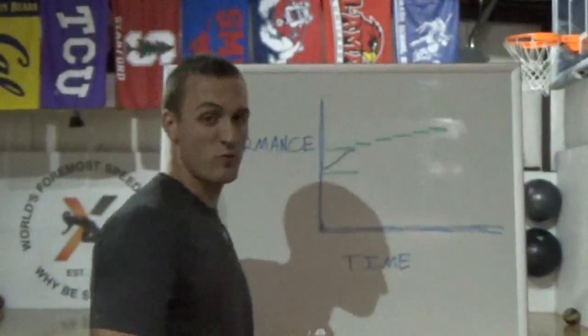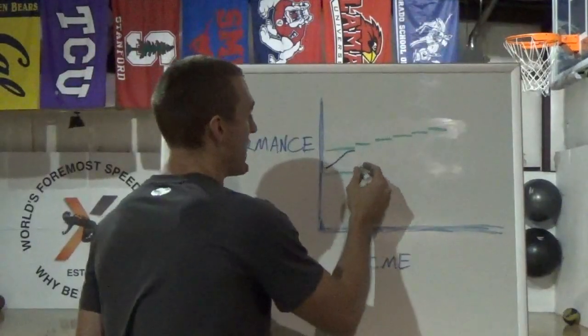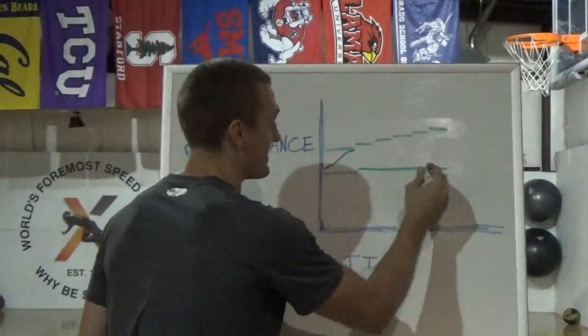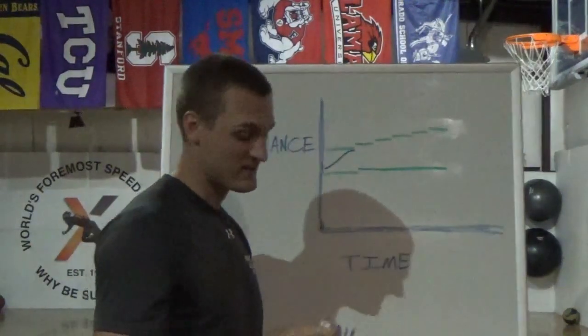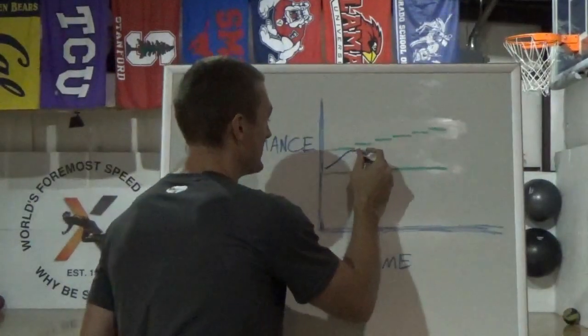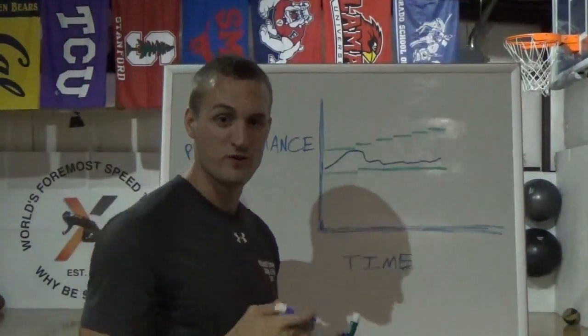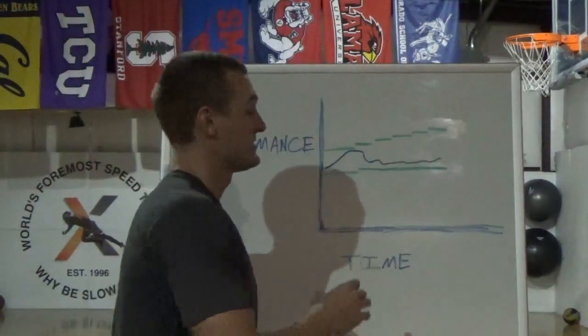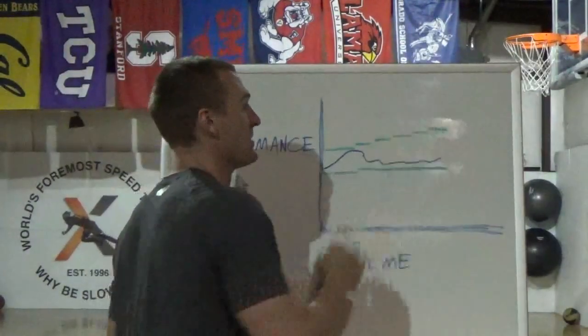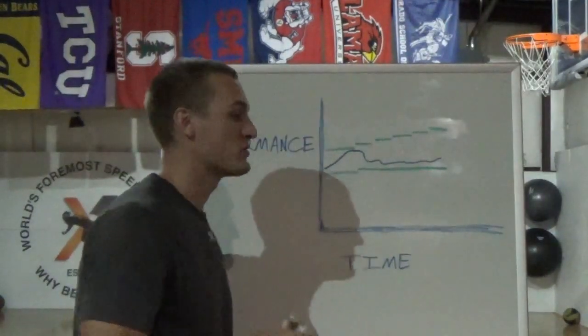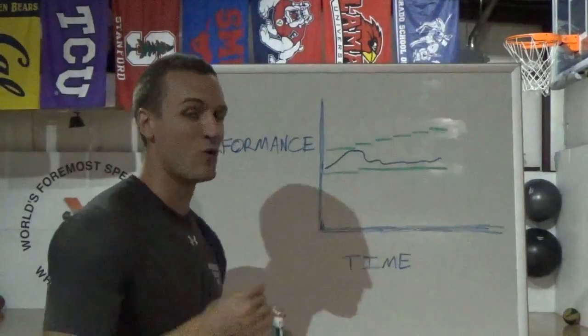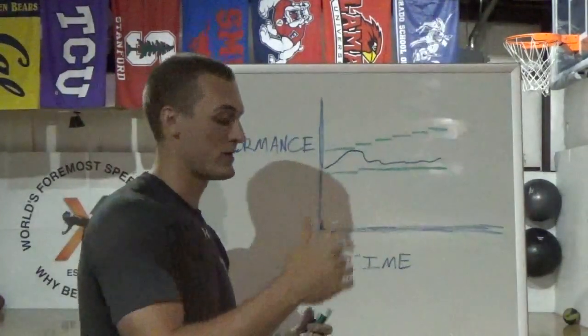So the top of your window maybe went up, but the bottom of your window actually stayed down here. And your performance is going to tend to sit near the bottom of your window because you're always keeping yourself slow with strength training. So you have tons of strength, tons of potential for explosive performance, but you can never realize that potential because you won't ever let yourself get to the top of your window.